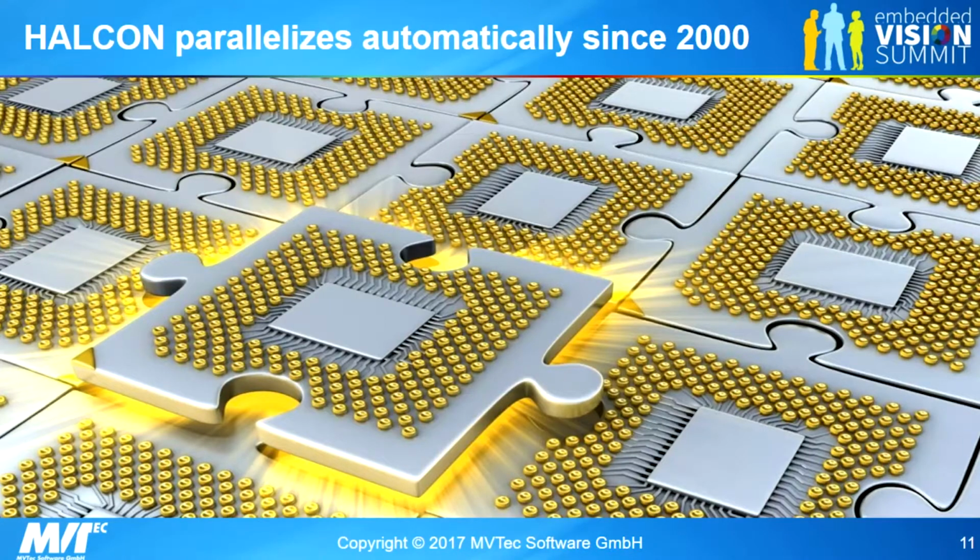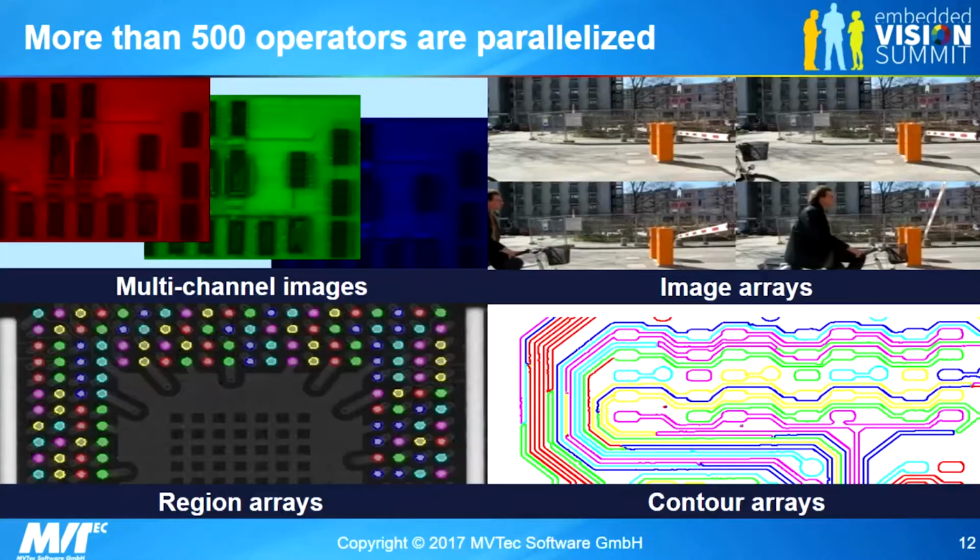So parallel processing, and the speedup which we achieve is very close to the theoretical maximum which we can achieve according to this particular algorithm. This is also implemented, by the way, throughout the library. So for the 2,500 operators, the 500 operators which are mostly used in machine vision, they all do this, they all perform this.